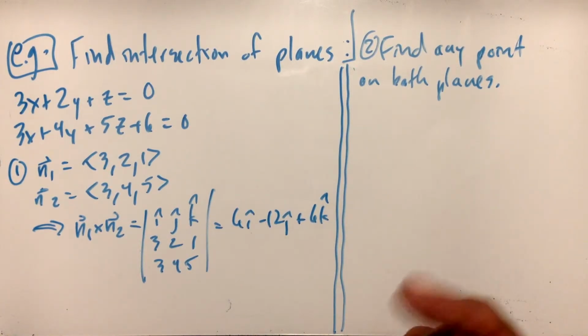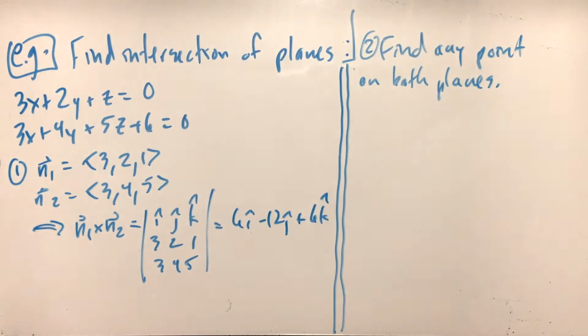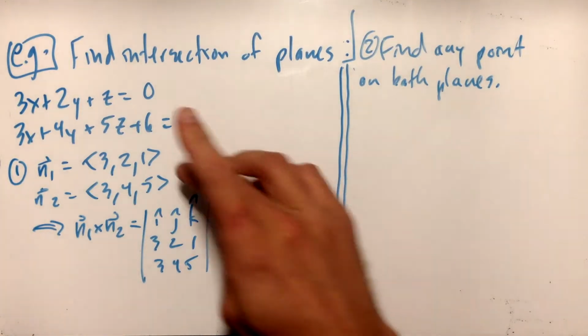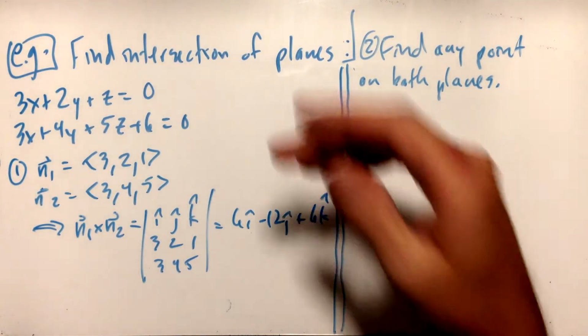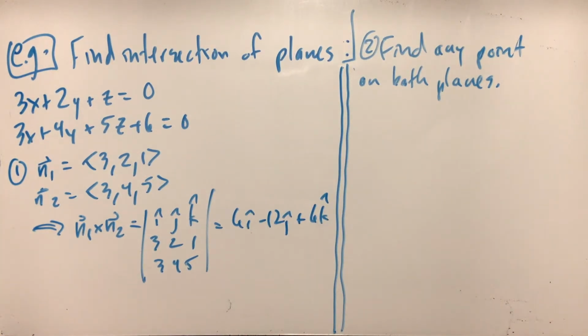The first thing we're going to do is take the cross product of their corresponding normal vectors. This will actually serve two purposes. First, it will tell us whether they intersect or not. If the cross product is 0, then they're parallel, so the two planes must be parallel. Otherwise, if their cross product is non-zero, this vector right here we can actually take to be the direction vector for our line.